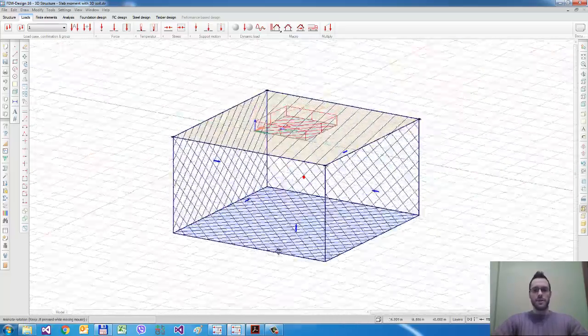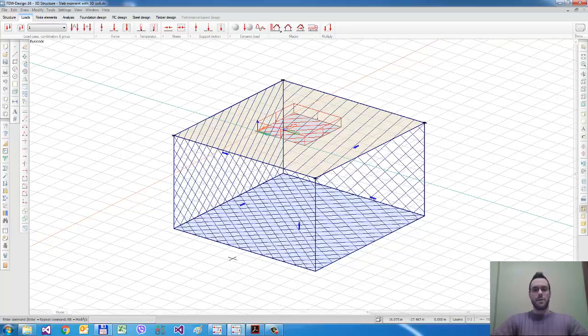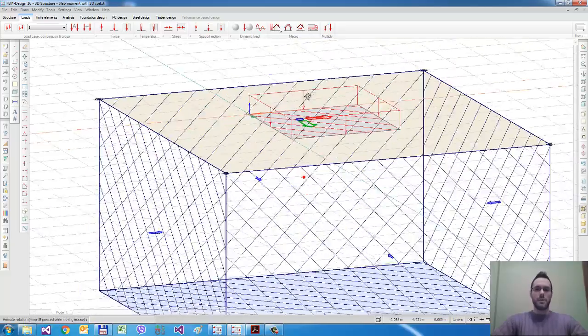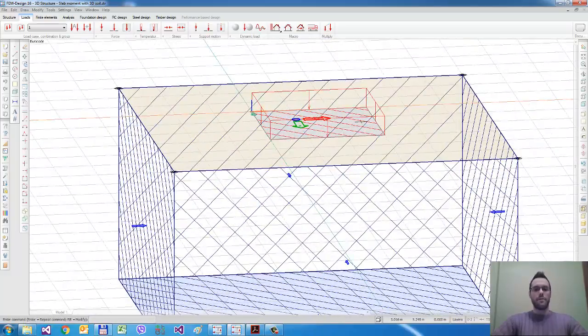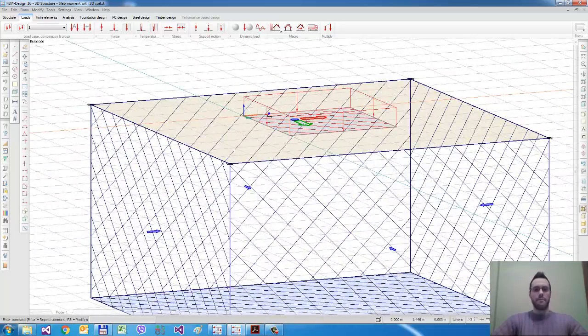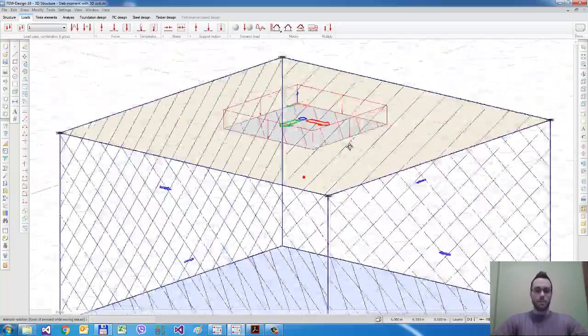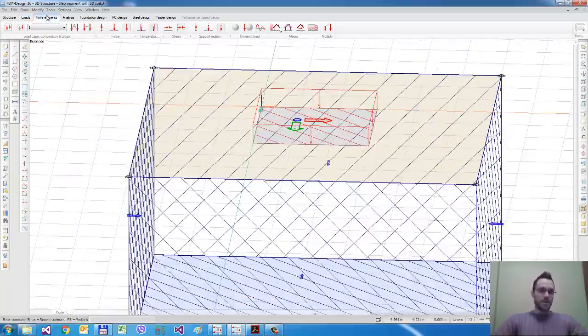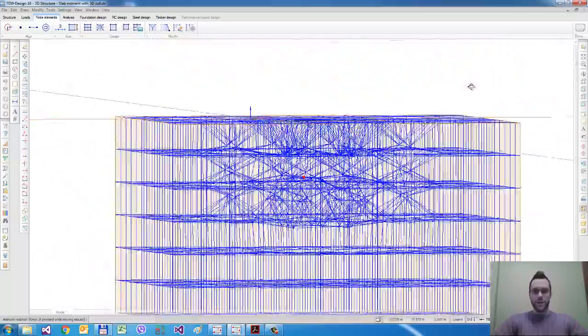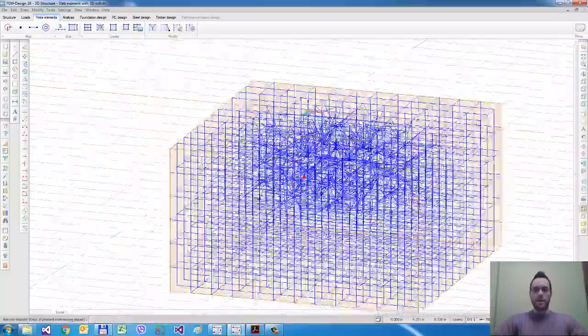We apply just the slab on the top of this soil, so the connection between the top of the soil and the foundation slab is continuous. So we have a continuous connection between the slab nodes and the soil nodes at the top of the soil. We can check the three-dimensional mesh. You can see the three-dimensional mesh under the slab.